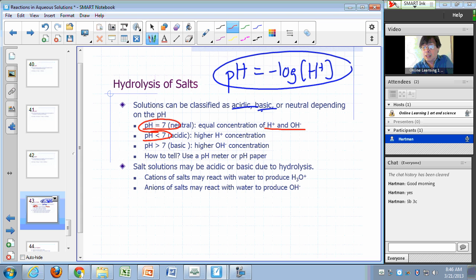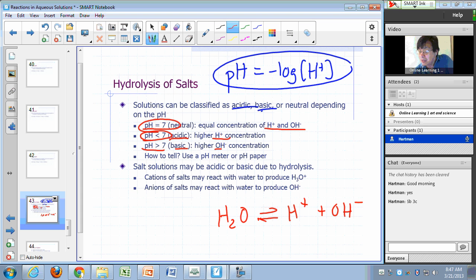If your pH is less than 7, then that means your H+ concentration is higher than hydroxide, and you have a solution that's called acidic. If pH is higher than 7, then your solution is said to be basic. You have more hydroxide compared to H+. If you recall, water can break up into H+ and hydroxide. So in pure water, you have an equal amount of H+ and hydroxide.